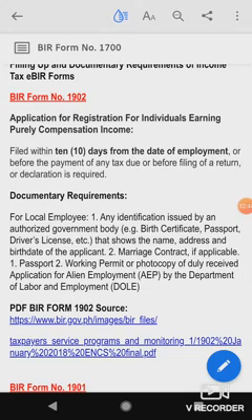The documentary requirements for a local employee: any identification issued by an authorized government body, for example a birth certificate, a passport, a driver's license, etc., that shows the name, address, and birthplace of the applicant; a marriage contract if applicable. For aliens: passport, working permit, or photocopy duly received application for alien employment from the Department of Labor and Employment.